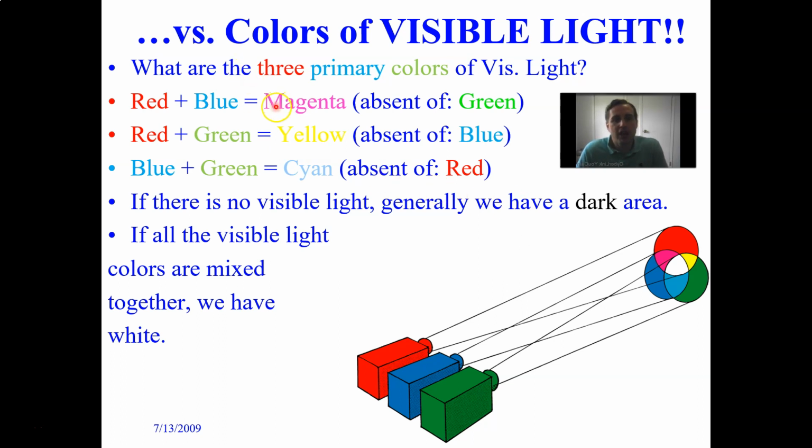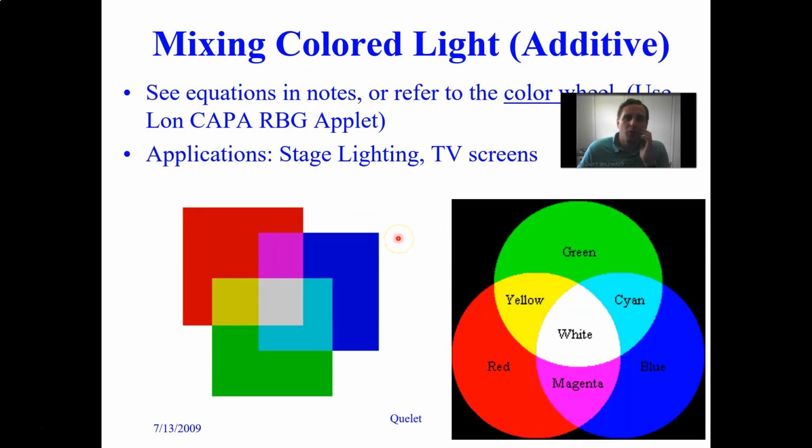Notice though, magenta is the absence of green. It's on the other side. Yellow is the absence of blue, and then cyan is the absence of red. So you could imagine if you have white light and you subtract, let's say, red, you should have cyan. And that's the basic idea we have for subtractive color mixing.